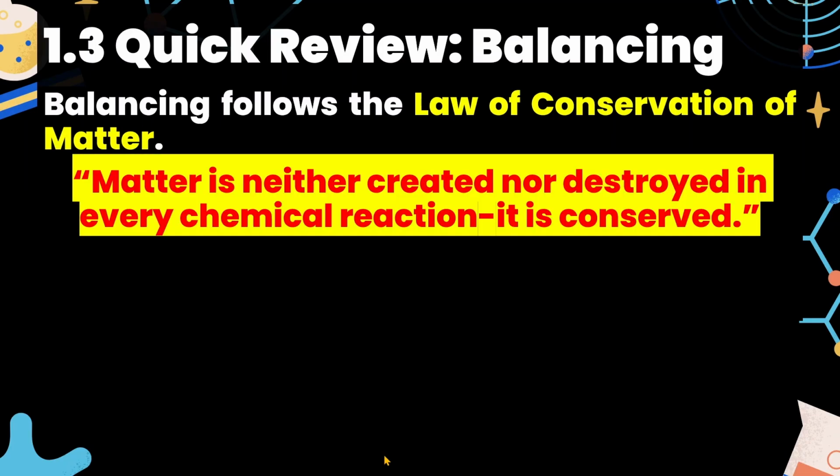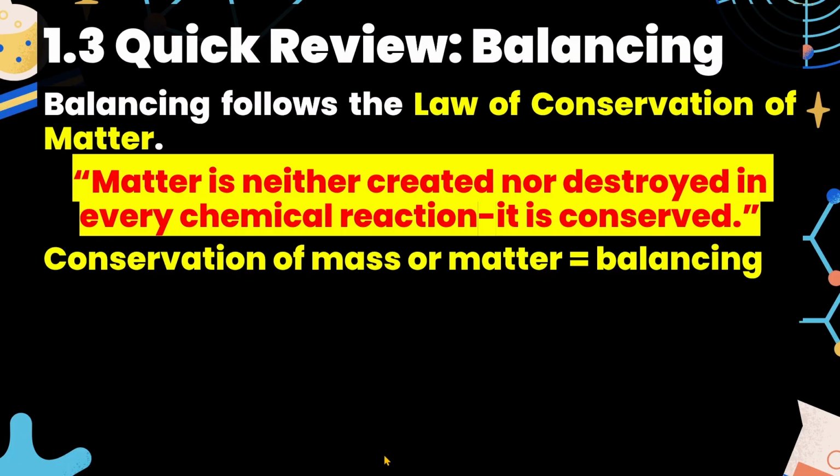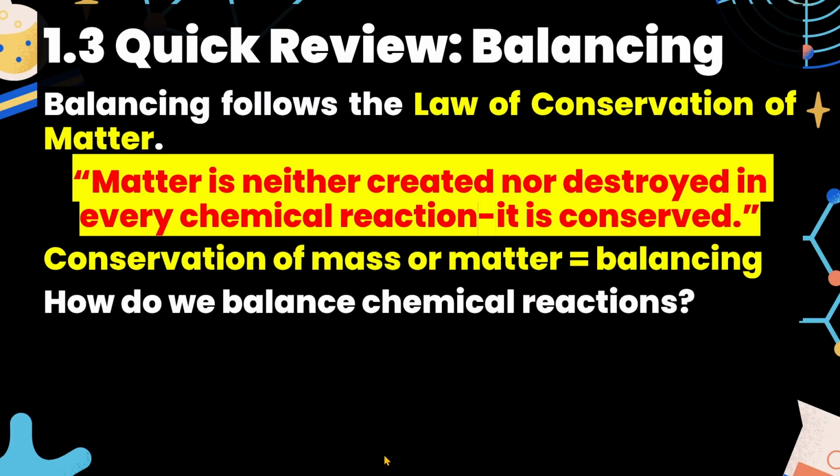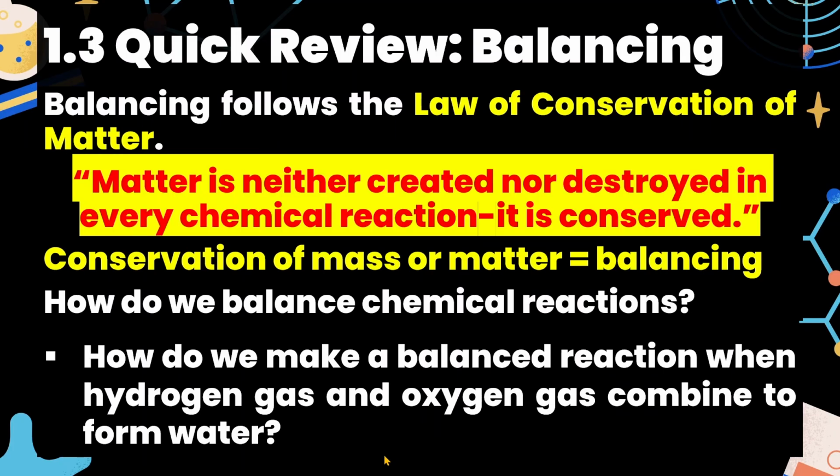It states that matter is neither created nor destroyed in every chemical reaction. What happens is that it is conserved. Conservation of mass or matter is actually equivalent to balancing. So how do we balance chemical reactions? Example: how do we make a balanced reaction when hydrogen gas and oxygen gas combine to form water?